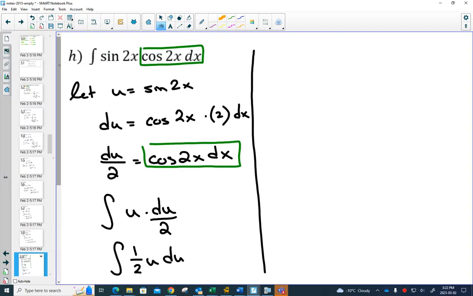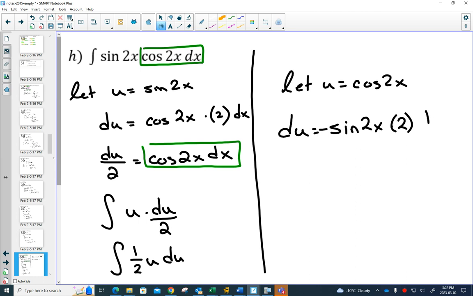How many fun methods should we do? I'm going to do 3 fun methods for this one. You could also have decided to let u equal cos 2x. Then the derivative of cos 2x would be negative sine 2x times 2 because of the chain rule dx.